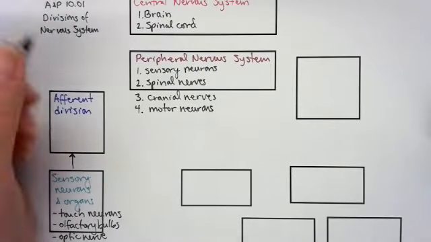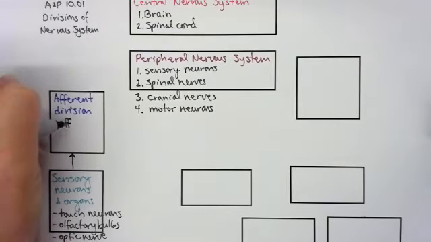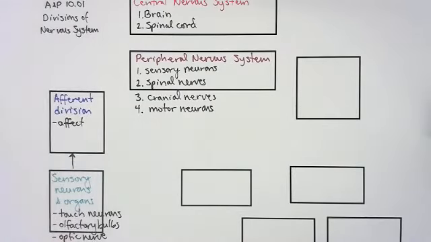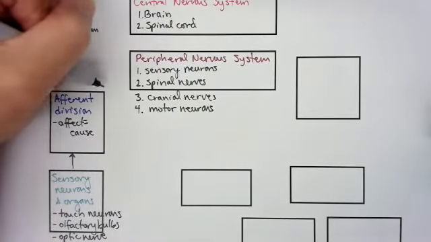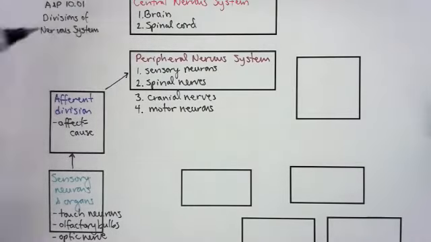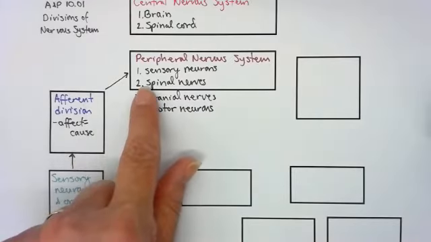If you affect something, it causes a change. So an effect can be thought of as a cause. So your receptors, your pressure receptors, run into nerves that go into the spinal cord.